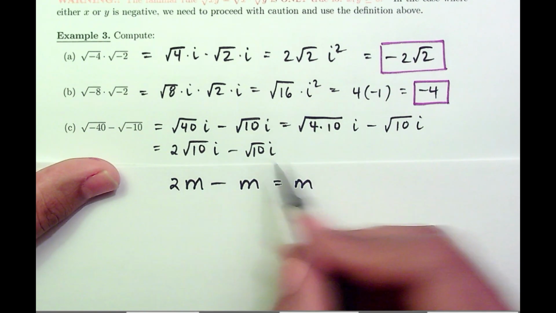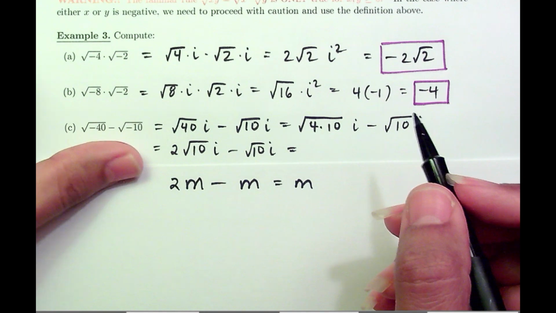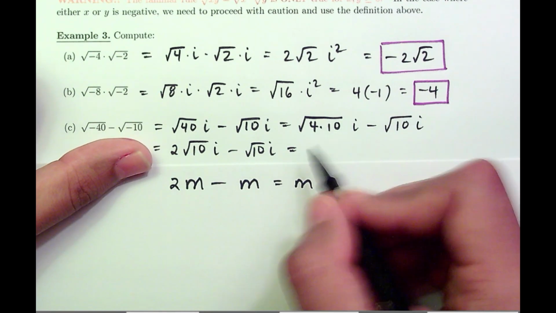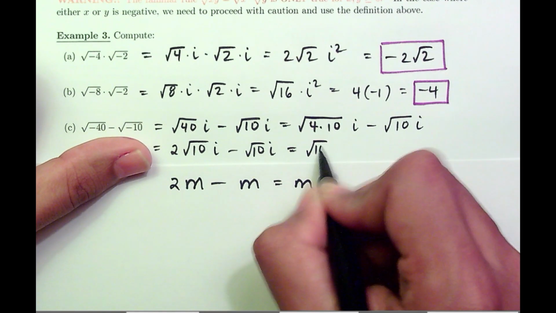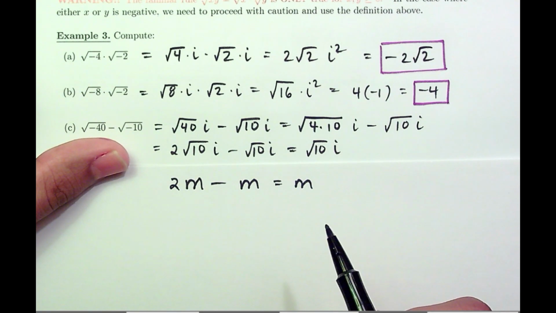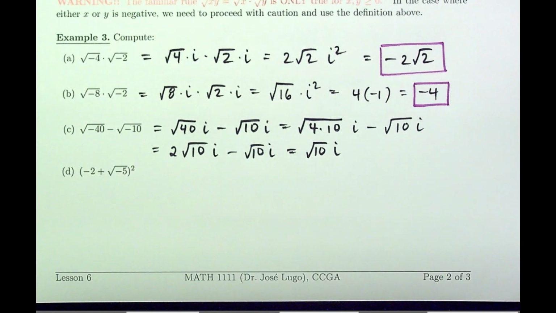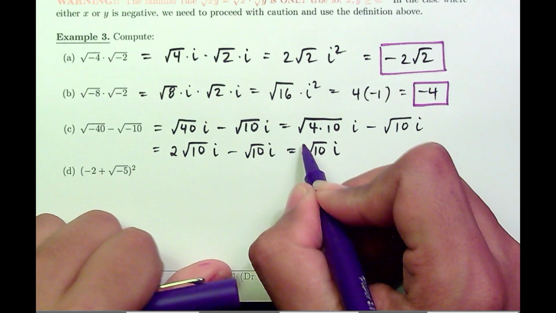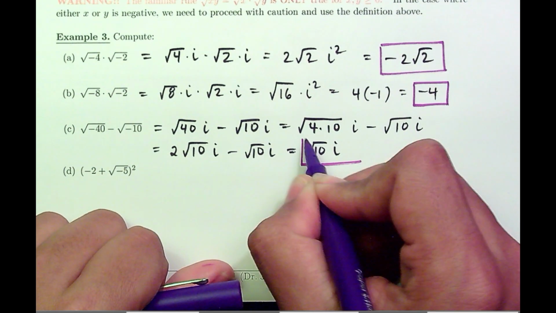So 2 square root of 10i minus square root of 10i is just going to be square root of 10i, because the m is like the square root of 10i. Okay, and that is the end for that. We cannot simplify any further because, as I said, 10 cannot be broken up in a useful way.